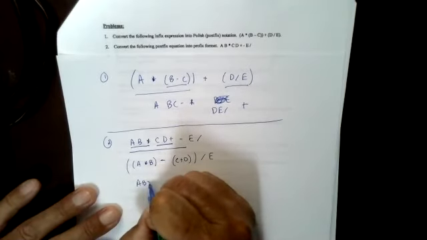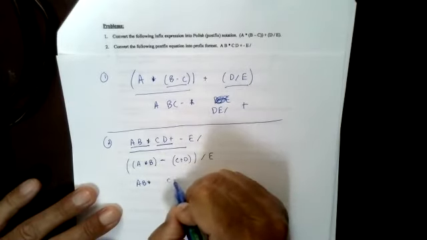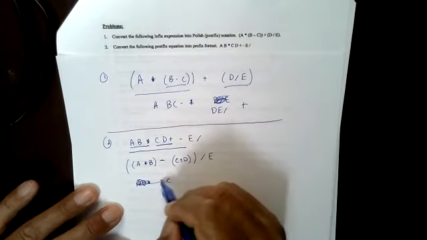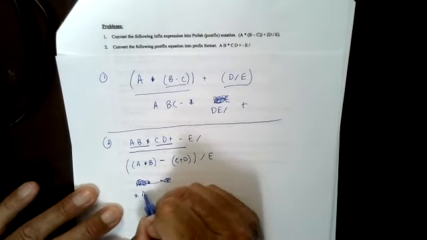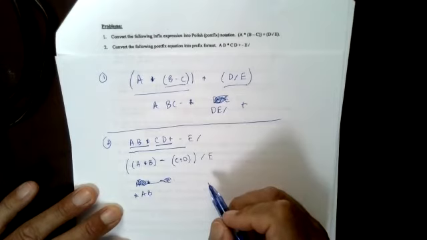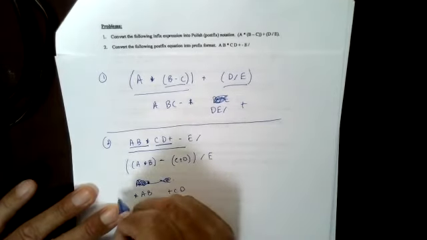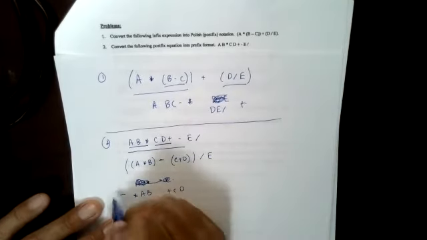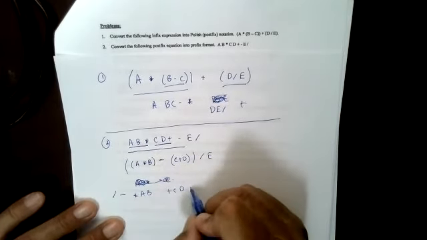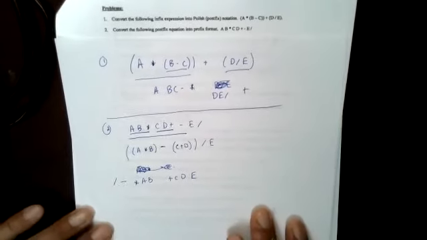Minus, times AB, plus CD, slash E. Whoops, I'm going the wrong direction, excuse me. Good.